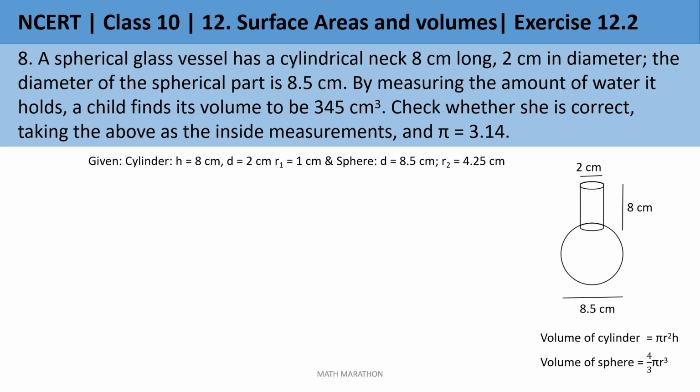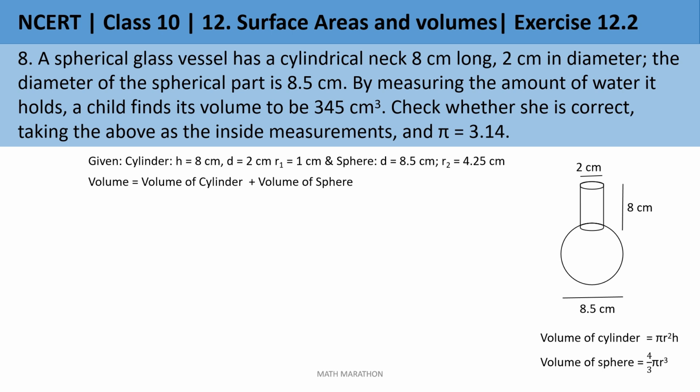So, radius r1 is 1 cm. Consider sphere. Diameter is 8.5 cm. So, radius is diameter by 2, so 8.5 by 2, which is 4.25. So, radius r2 is 4.25 cm.